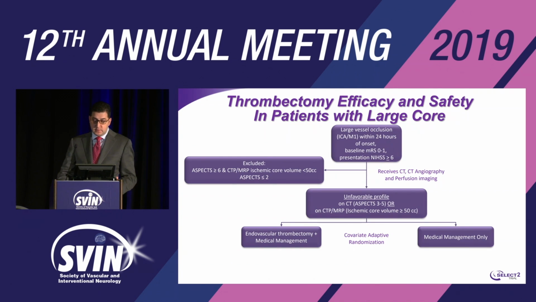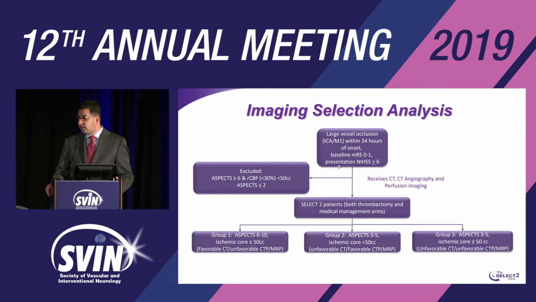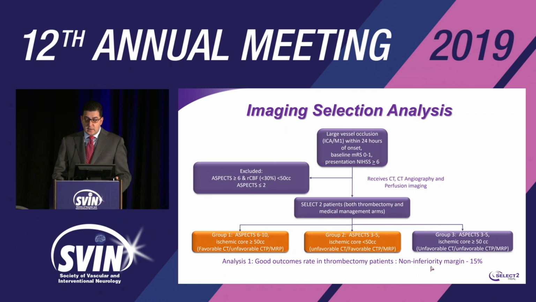This is your algorithm. You meet the inclusion criteria, you get randomized to thrombectomy versus medical management. We're including ASPECTS of 0 to 2. We're tackling the imaging question by looking at whether there is a superiority or, the opposite, non-inferiority of selection based on CT versus perfusion, if they disagree, with a 15% difference, and that's based on SELECT findings.